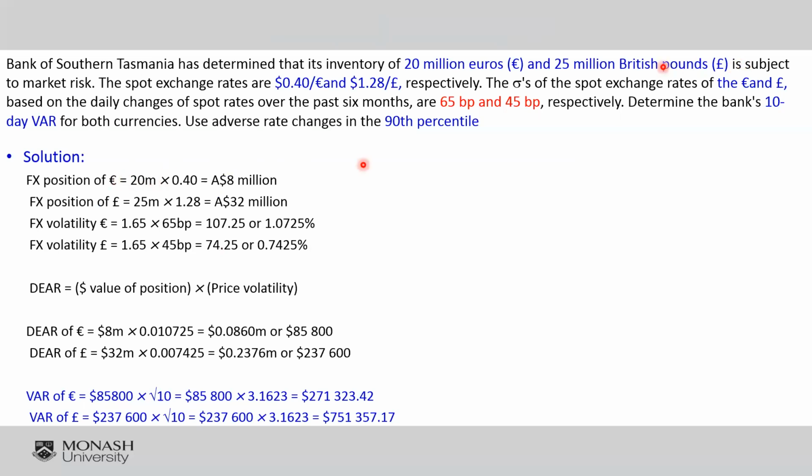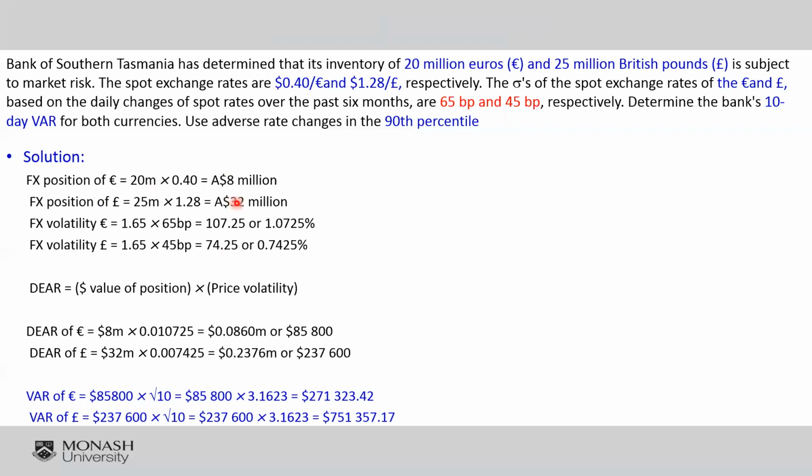And I have the exchange rates, which are 40 cents and 1.28. Maybe this 40 cents is not actually logical for the euro, but just take it like that. So we have $8 million, and we have 32 million. Now we transfer this to Aussies, or Australian dollars.